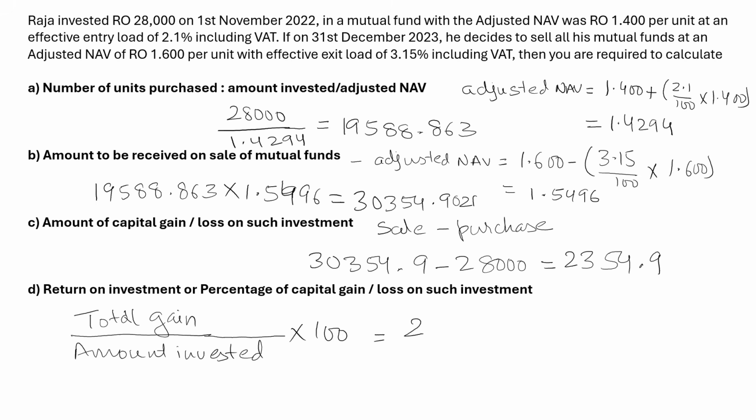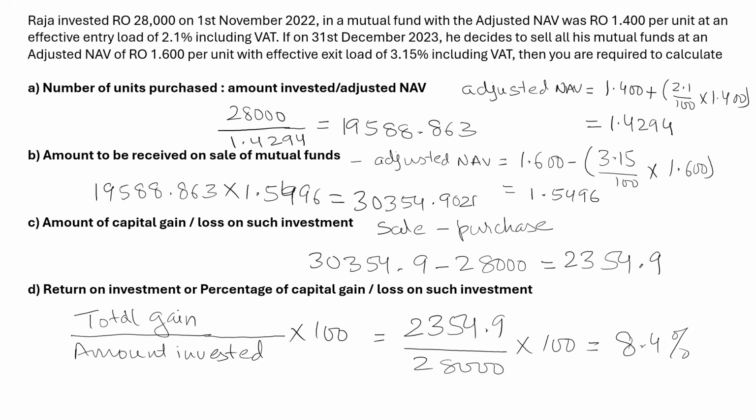How much profit is he getting? 2,354.9 divided by how much he has invested? 28,000, multiplied by 100. So what answer will we get? We will get it in percentage: 8.4%. I hope this is clear. So this is how we calculate the mutual fund purchase and sale.